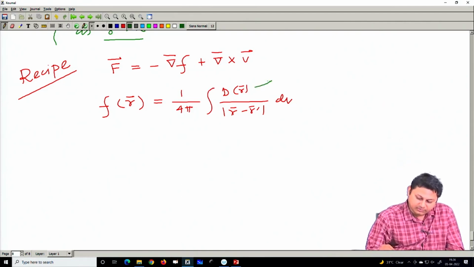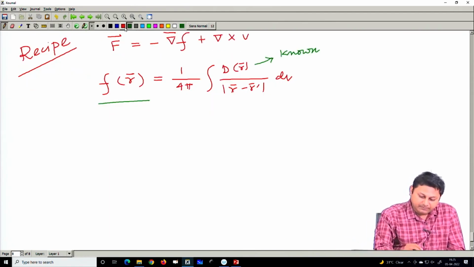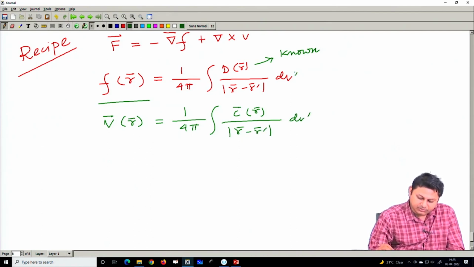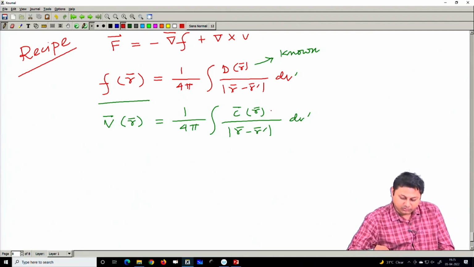So, I can execute this integration and I will figure out what is my F. Similarly, my vector field V can be constructed by knowing the curl value, which is C(r prime) divided by r minus r prime, with dV prime, because this integration is over r prime. Here also this is known.